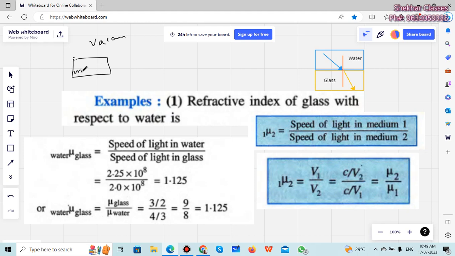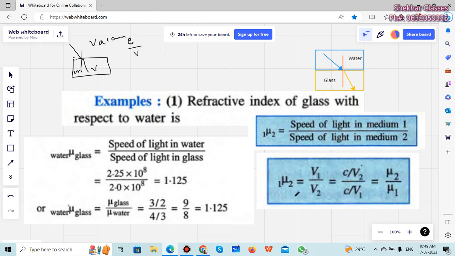When the light falls from a vacuum to a medium, it will bend towards the normal. Simple. For that, we have the formula: the speed of light in vacuum, represented by C, upon the speed of light in this particular medium, which is V. Clear? So this is the formula that we have.